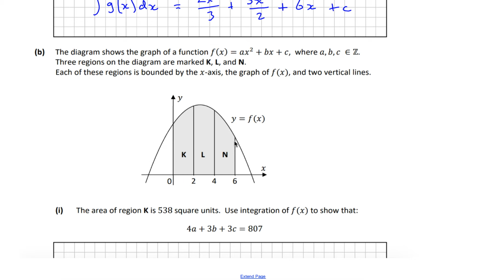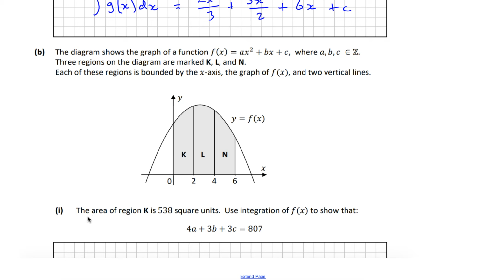So this vertical line and this vertical line. The bounded region is the perimeter of it, I guess. Part 1 says the area of region K is 538 square units. Use integration of the function f of x to show that 4a plus 3b plus 3c equals 807.